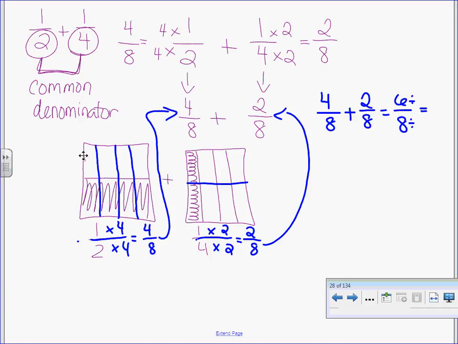Whatever I divide the numerator by, I have to be able to divide the denominator by, and it has to give me no remainder. What could that be? Maitland? 2. So if I divide 6 by 2, I get what? 3. And if I divide 8 by 2, I get what? 4. So 3/4 is my answer.